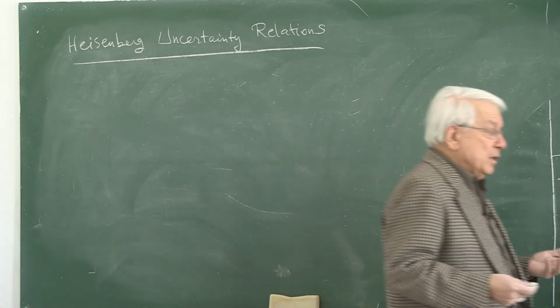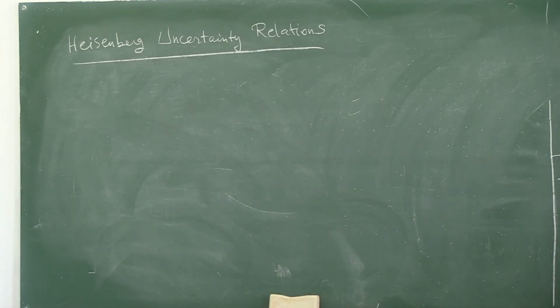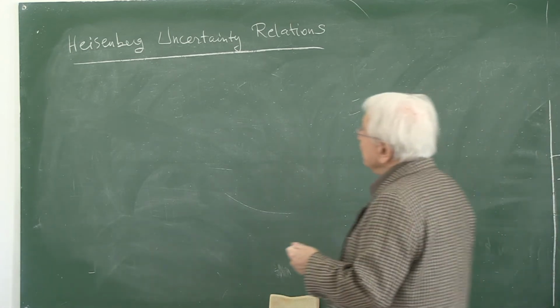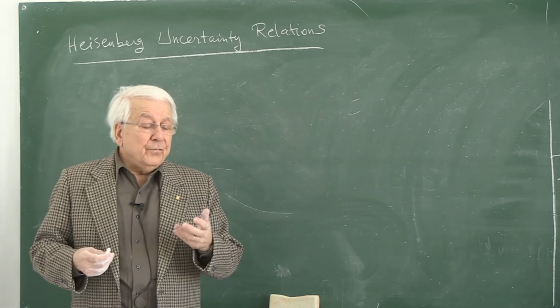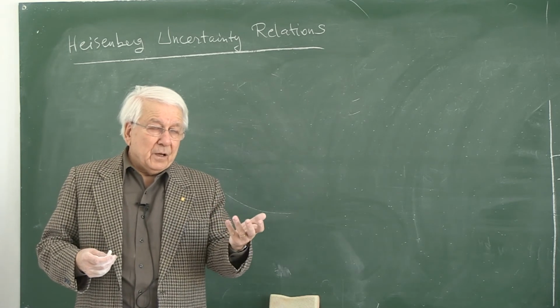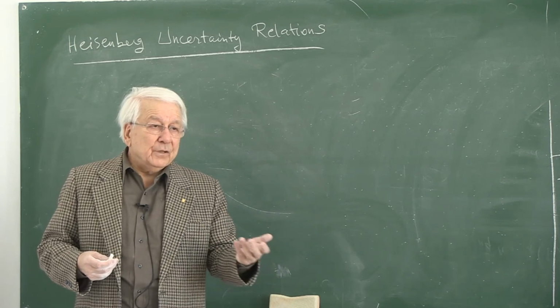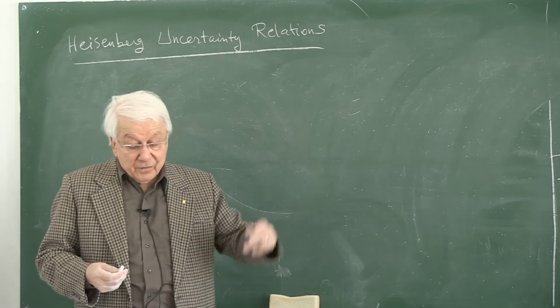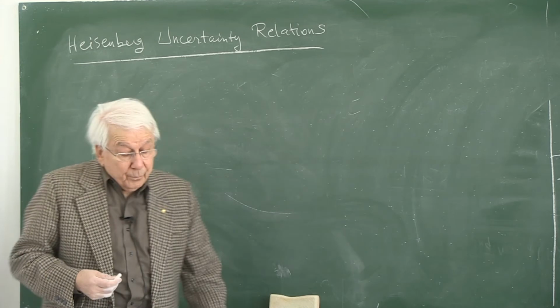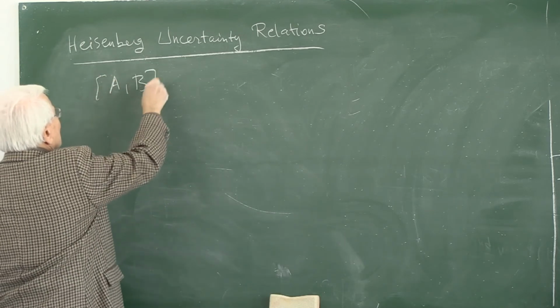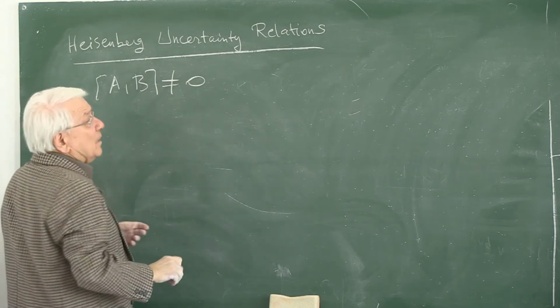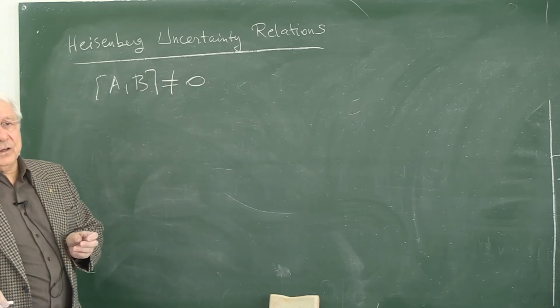There is so much involved in it that we should be able to get a theorem on the simultaneous measurability. If they commute, we know that they can be diagonalized simultaneously, therefore they can be measured simultaneously, as we have indicated. If they're not compatible, that's the starting point. We have two observables which are not compatible.